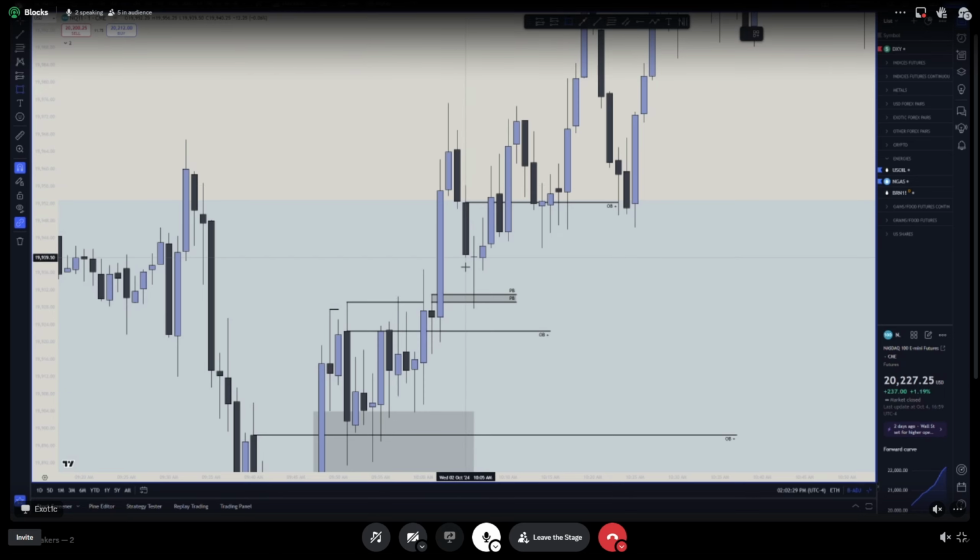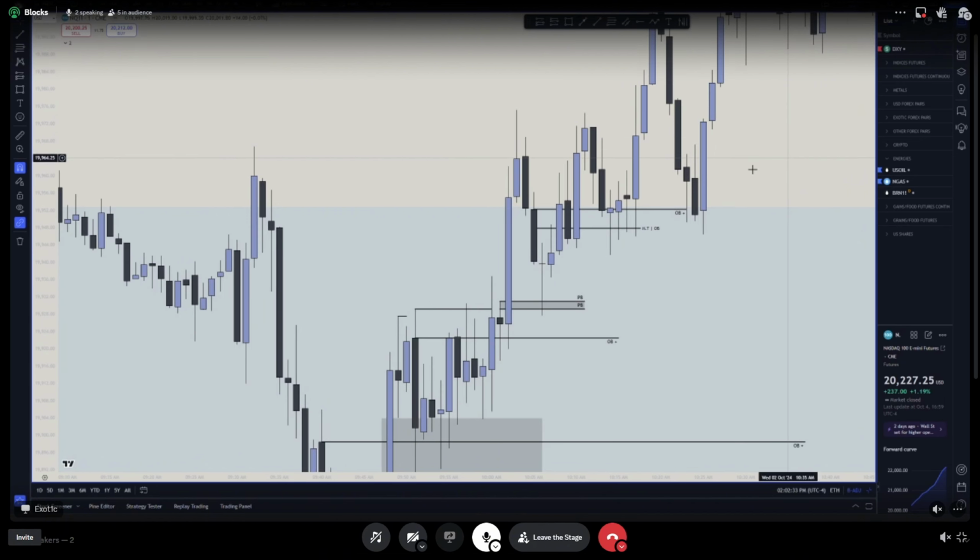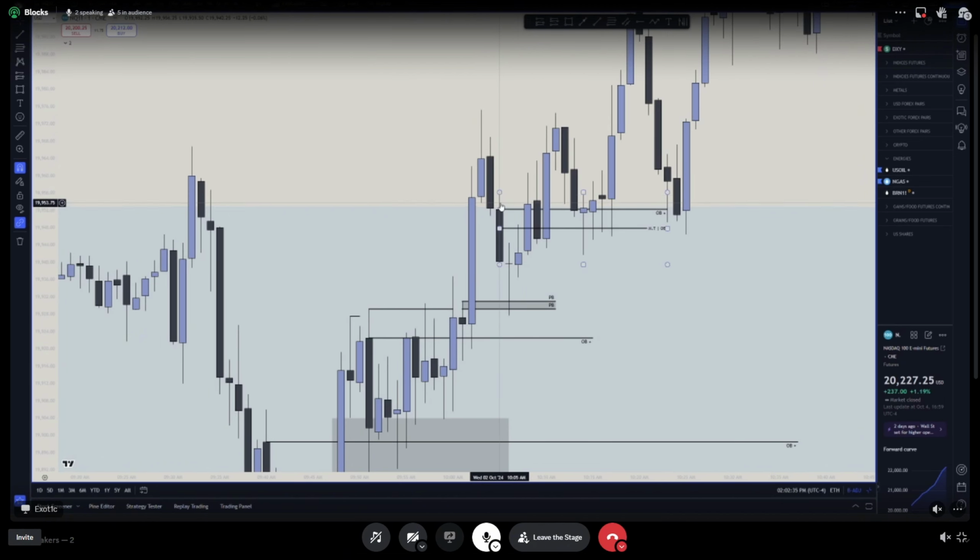Now we can measure our mean threshold. With the mean threshold, you can measure it either from the bodies like this or from the wicks like I showed before, right? It's really up to you, and it does not matter too much, as generally they will be in the exact same location.